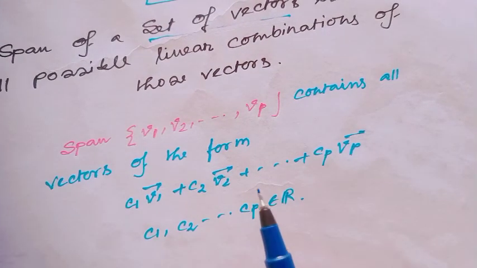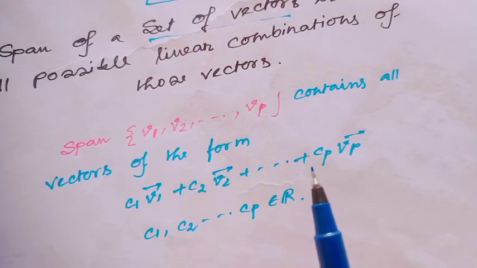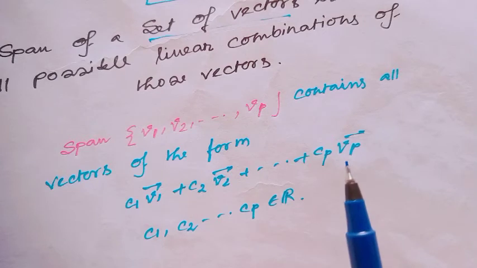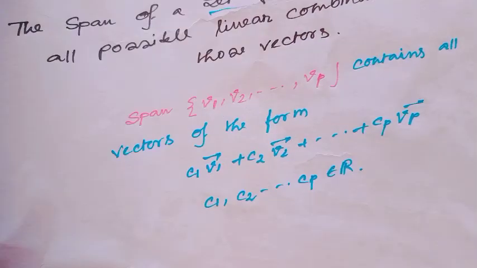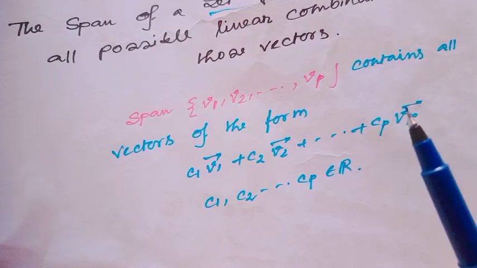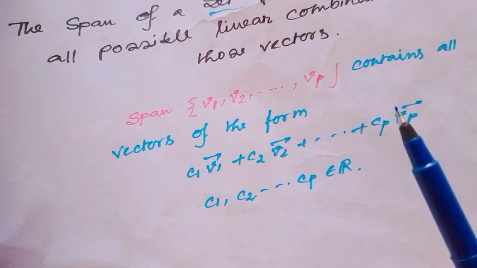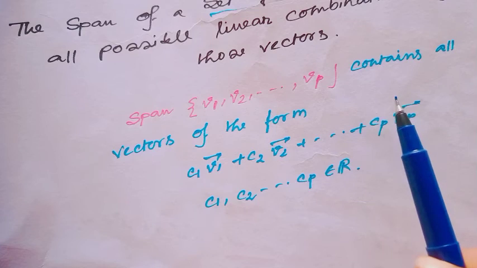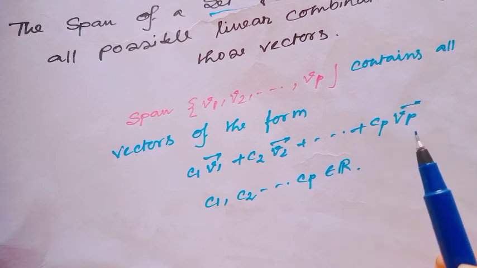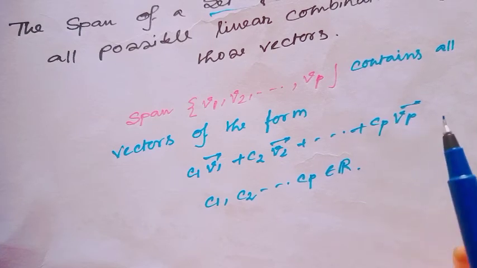That means the span of a set of vectors is the set of all vectors obtainable by linear combination of the original vectors. So for a set of non-zero vectors, the span means this set contains infinitely many non-zero vectors.